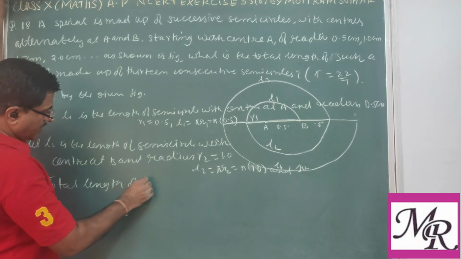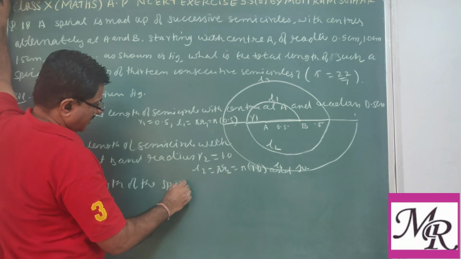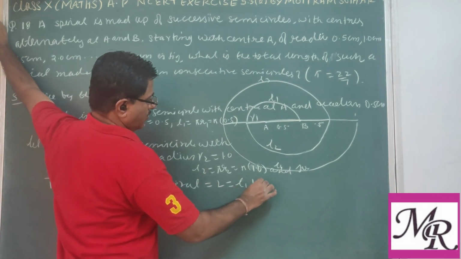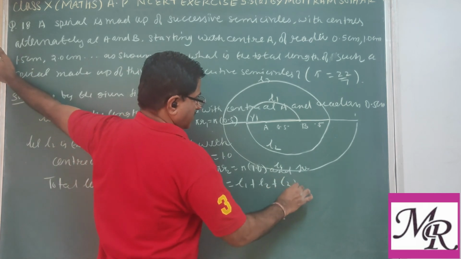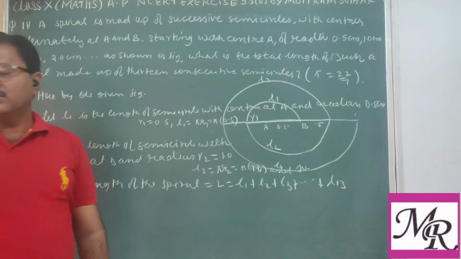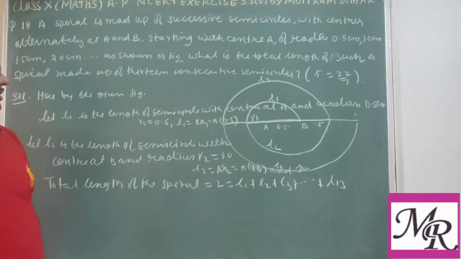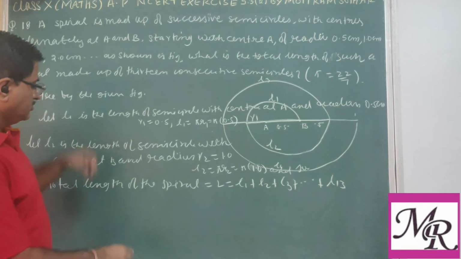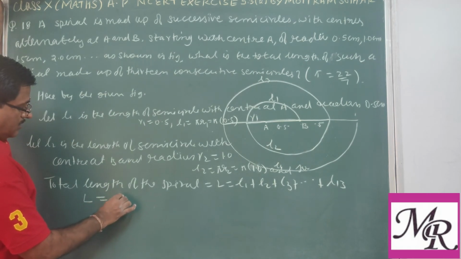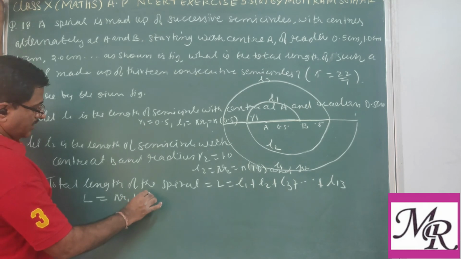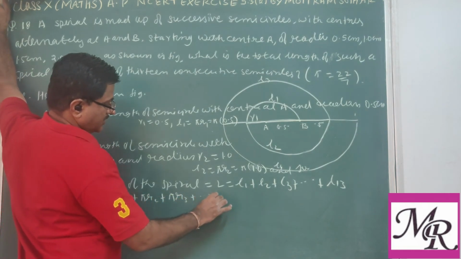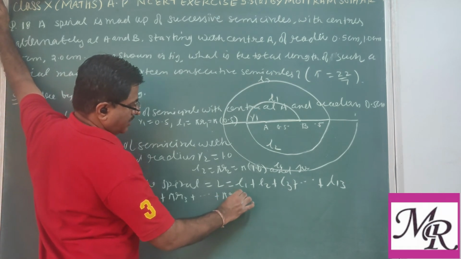So the total length of the spiral L equals L1 plus L2 plus L3, and how many semicircles in total? 13, so L13 will be there. Now put the values. L, the sum of all terms, is pi R1 plus pi R2 plus pi R3 and so on, and the last will be pi R13.